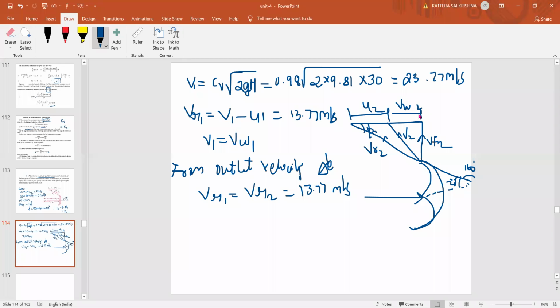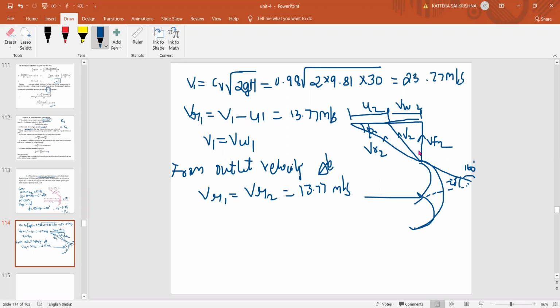Next, what we need to find is VW2, as we want work done or power. In the formula we have VW1 and VW2. We already got VW1 at the inlet, and we just need VW2 from the outlet triangle. This full horizontal line is nothing but the horizontal component of VR2.